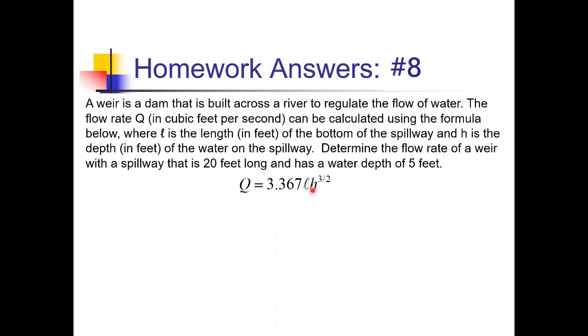They've given you a formula. You just have to plug in the length of the weir, or the spillway anyway, and also the depth. So we've just got 3.367 times 20 times a depth of 5, and that 5 is being raised to the 3 halves power. So this ultimately comes down to plugging it in the calculator.